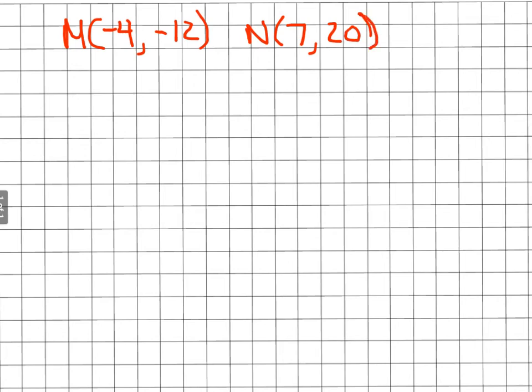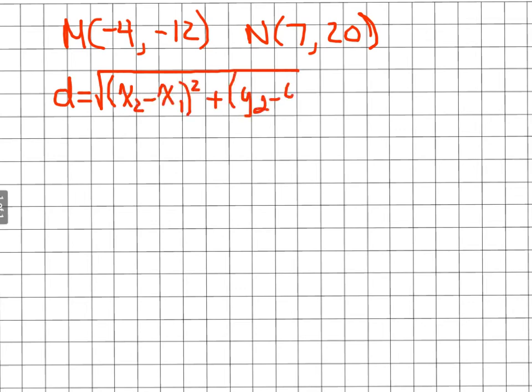And let's calculate the distance between these 2 points. So we found that the distance is equal to the square root of x2 minus x1 all squared plus y2 minus y1 all squared.